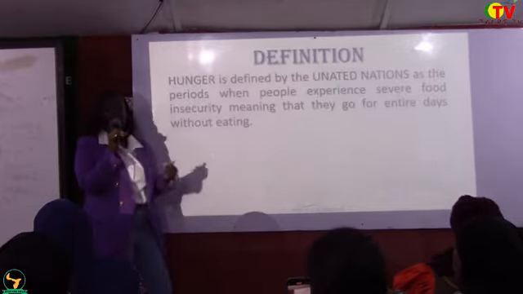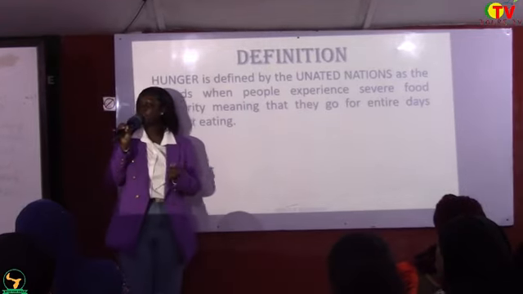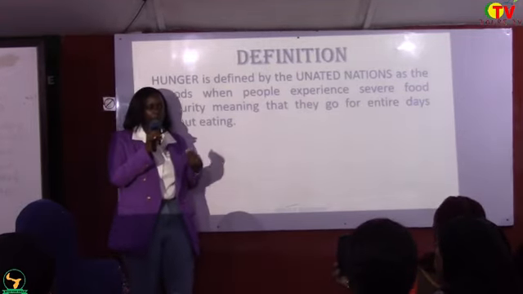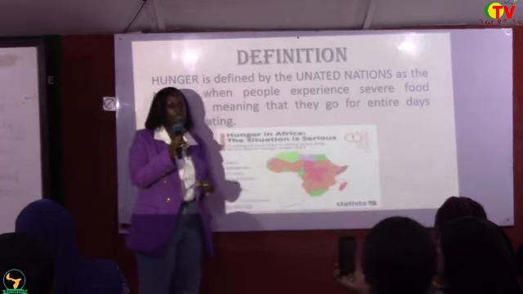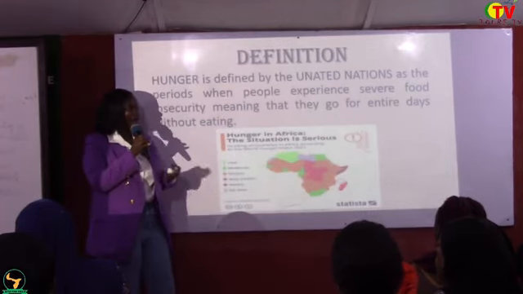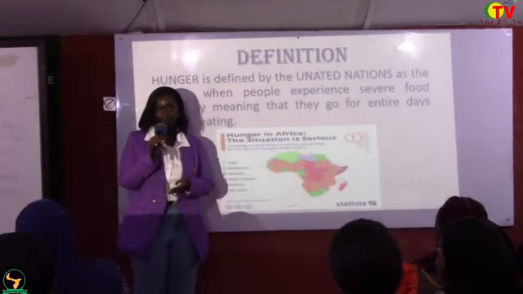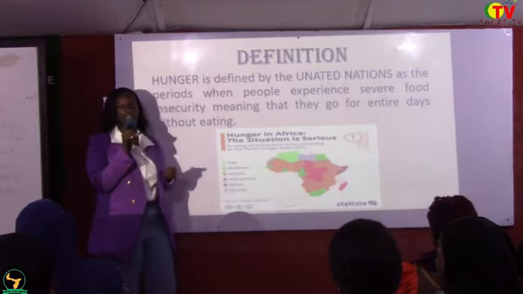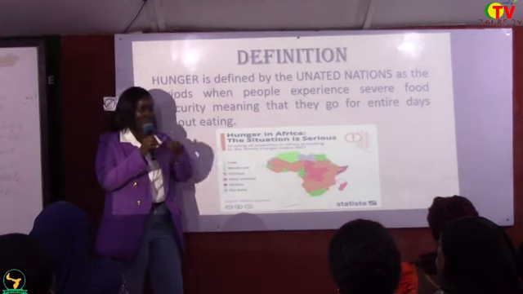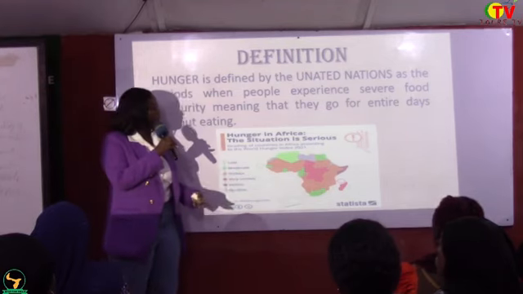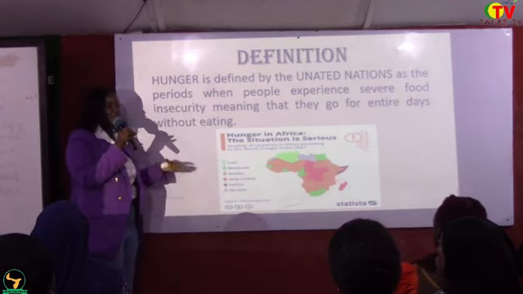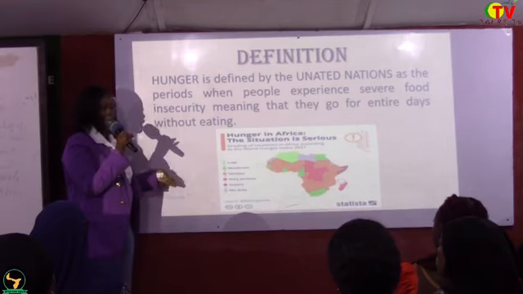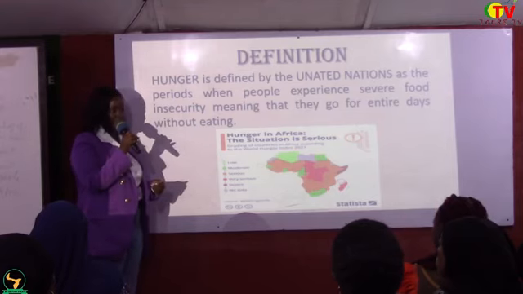Definition. What is hunger? Defined by the United Nations as a severe period when people aren't able to feed themselves properly, whether in quantity or quality. It's also not knowing when or where your next meal will come from, and if you will be able to afford it. That is one of the major problems that African countries have been facing for years, but remains unresolved to this day.